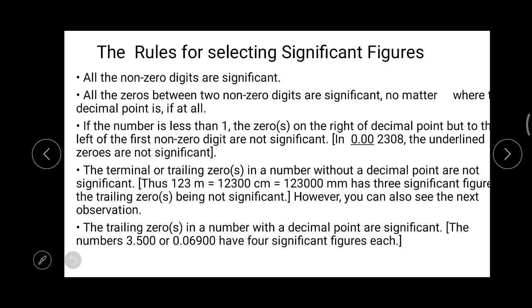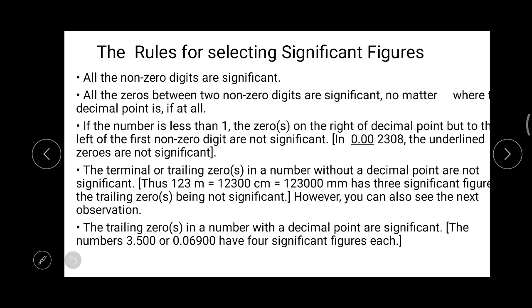Remember that. The trailing zeros, and in the case of numbers less than 1, that means it begins with 0.00, those zeros till a non-zero digit begins, however many zeros there are, they are also not significant. And as well, the trailing zeros also are not significant.